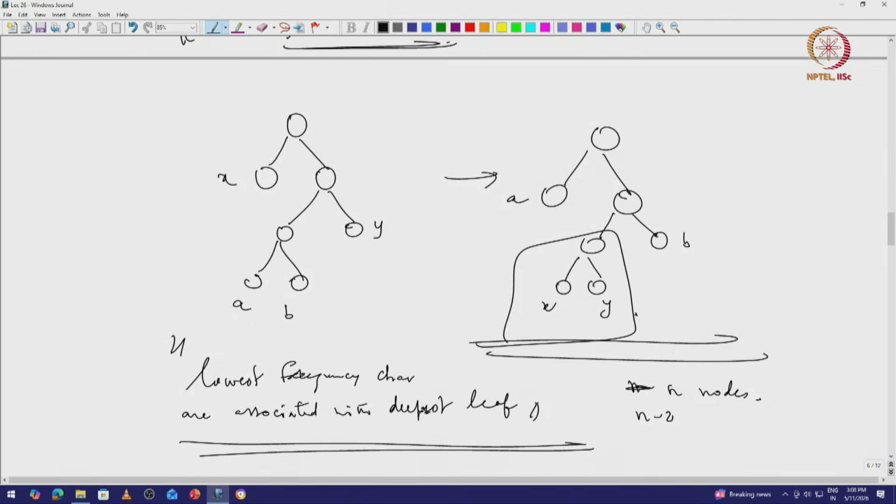What does Huffman do? Take the two smallest frequency ones and put them together. So initially there are n nodes, then there will be n minus 2 nodes and one super node. Then you will have n minus 3 nodes with a super node.